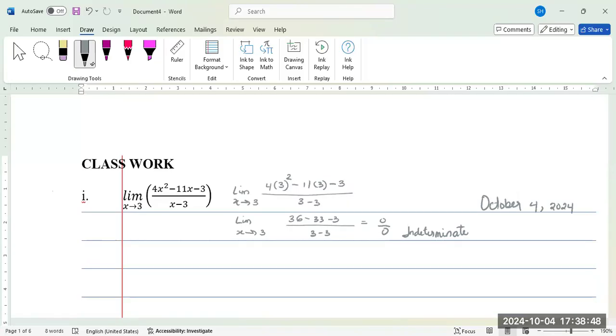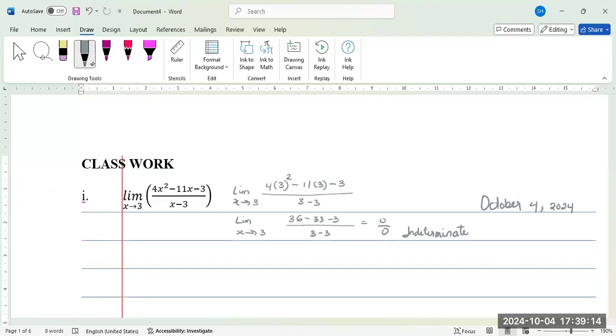So how do you know that? Because I cannot have a 0 existing in the denominator, whereas I am allowed to have a 0 existing in the numerator. I cannot have a 0 in the denominator. It does not make sense. It is illegal. It cannot happen.